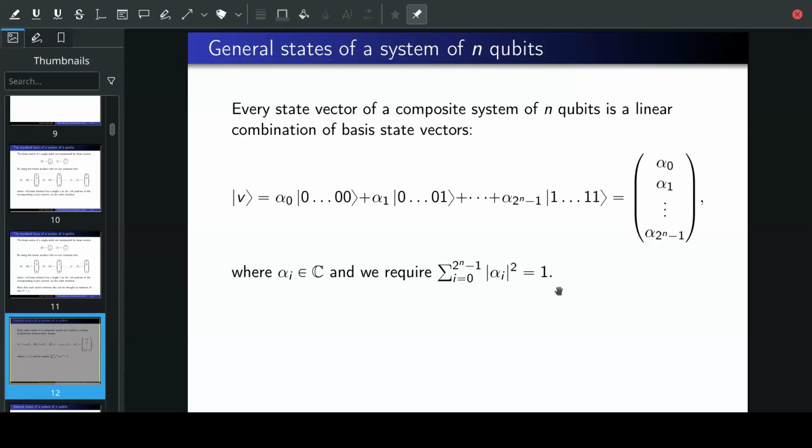And you can see that there is a huge number of coefficients. So, for example, if you have 50 qubits, then we need 2 power 50 coefficients to describe a state of a system. So this is almost practically impossible to do on a classical computer. And that's why the simulation of quantum systems is so hard in practice.